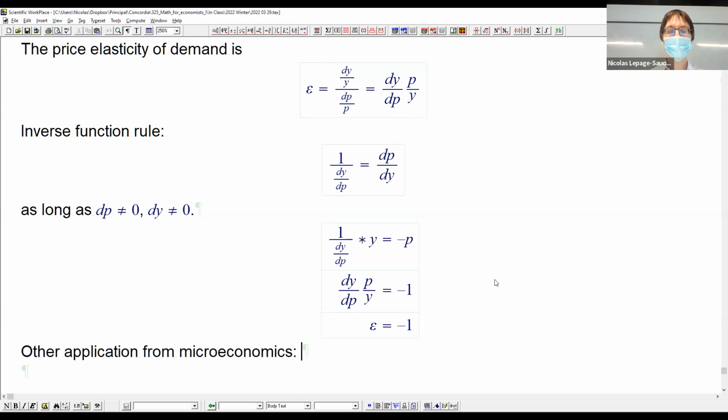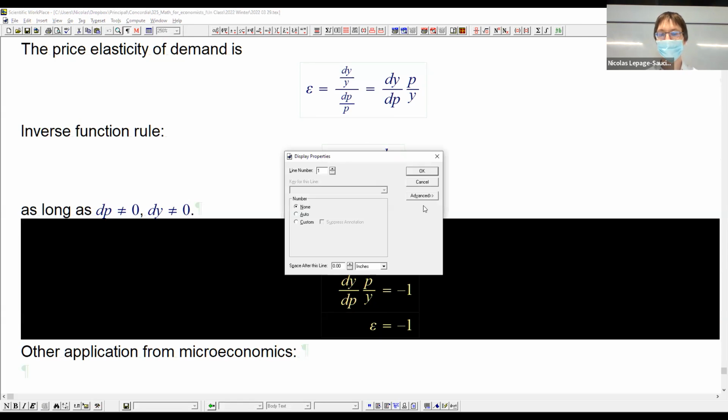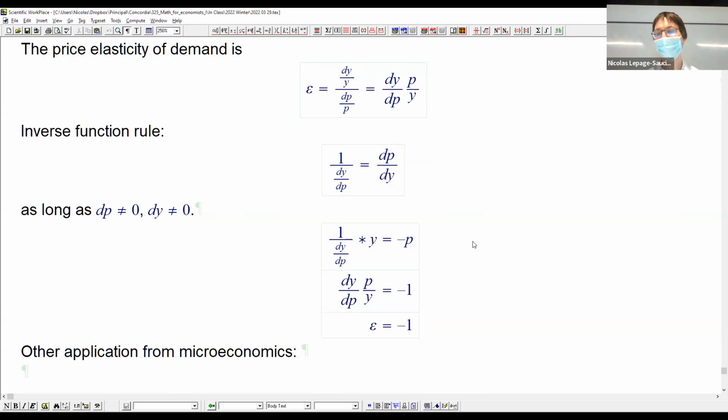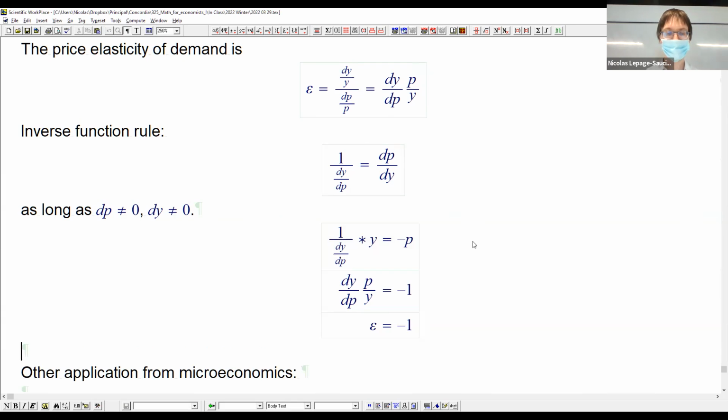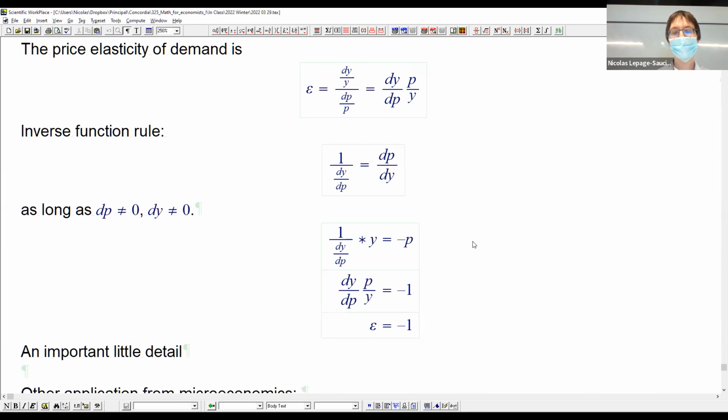Oh yeah, there is one thing that I haven't done here. Something I should have done. It's a little detail, so it may sound strange to say that it's important, because we know it's true, but let's just verify to be sure.